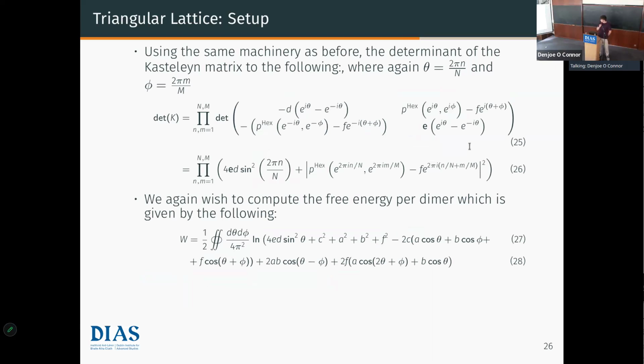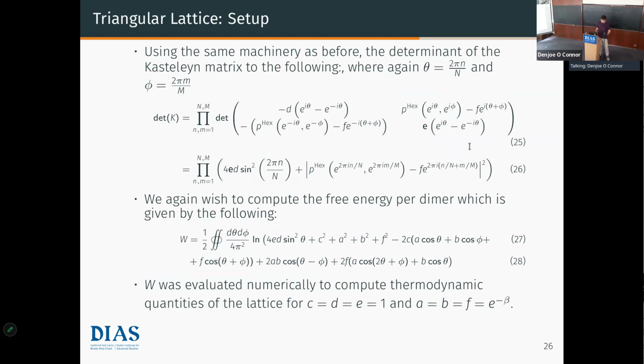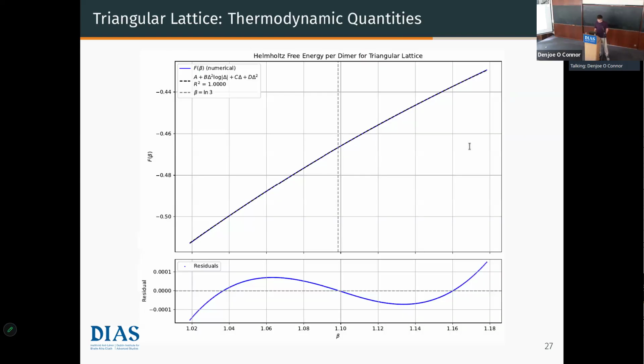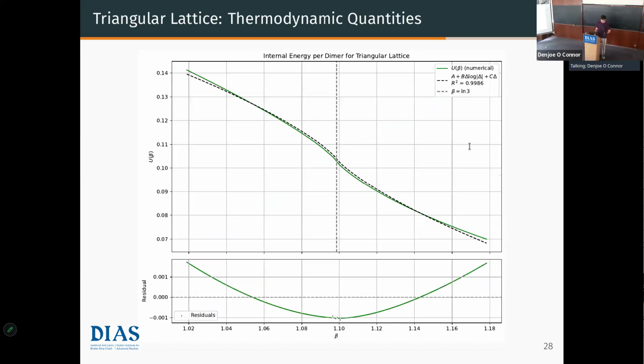So again, I plotted this numerically to see what type of phase transitions I could see, and we get something very similar to before. Now the phase transition occurs at, well, you'll see in a second, but I'm expecting the phase transition to occur at beta equal to natural log of 3. And again, nothing happened there.